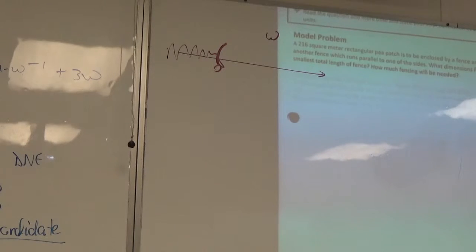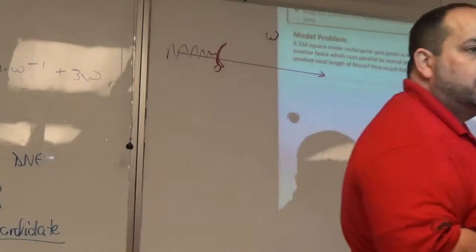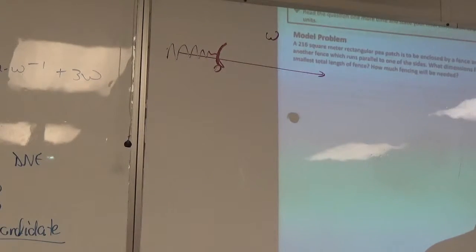I heard 216. 72. Didn't see that coming. 58. 216 divided by 3. Could one side be 432 meters? Yes, if the other one is a really small number, 2 point something.